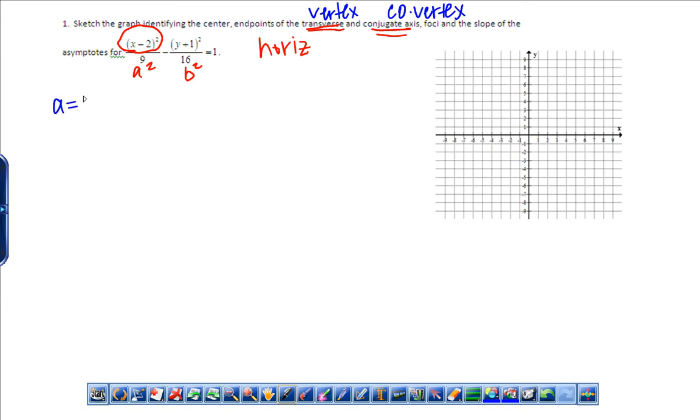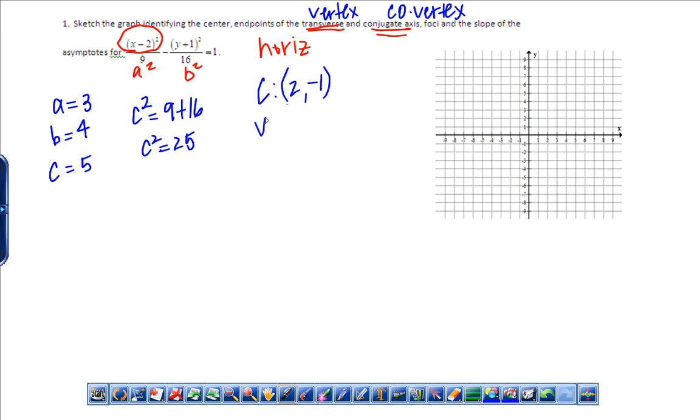I know my A is going to be 3, my B is going to be 4. If I use my equation, C squared equals 9 plus 16, remember we're adding, then C squared equals 25. Therefore, C is 5. My center is at (2, -1). My vertex: every time you graph, you label your vertex, and because you're going horizontally, meaning left and right, I'm going to go left and right 3.